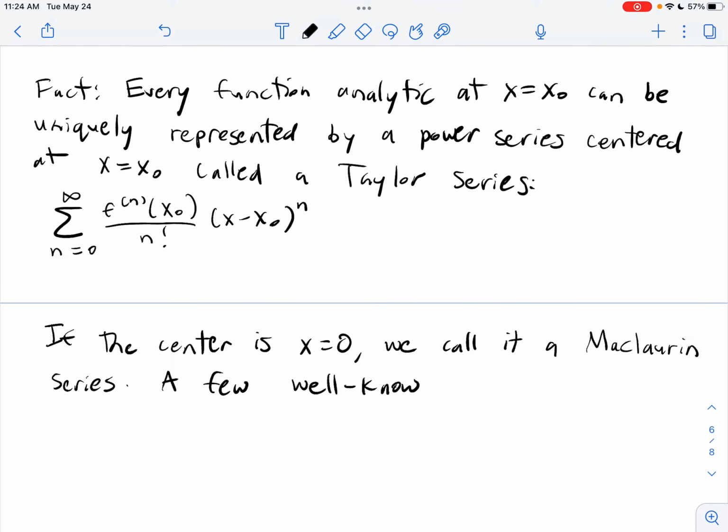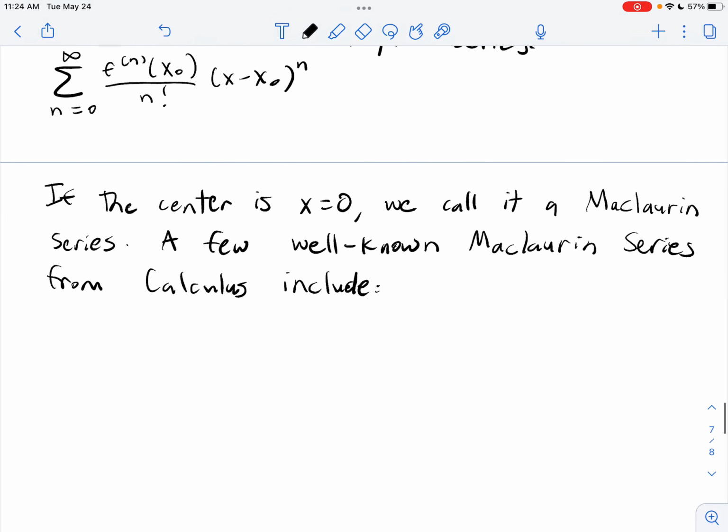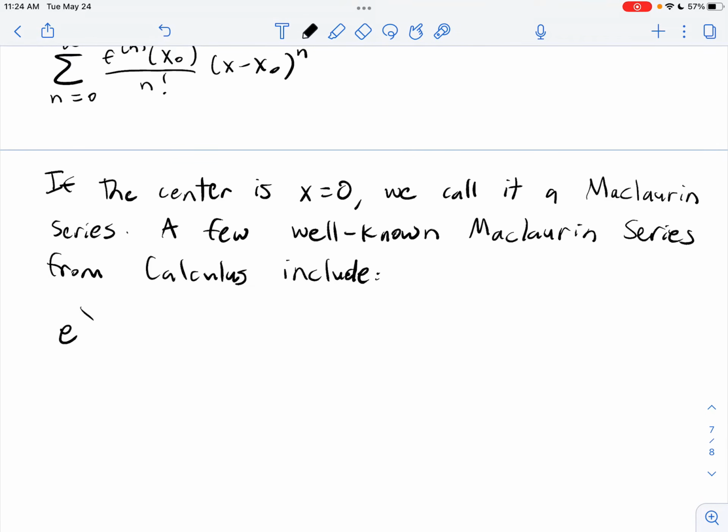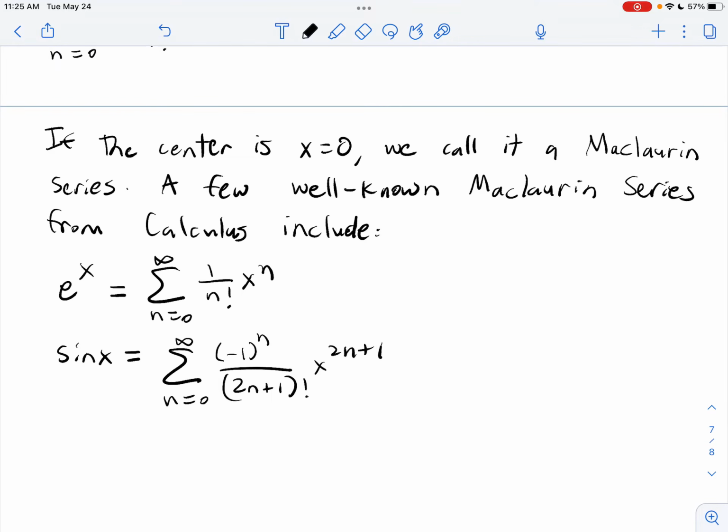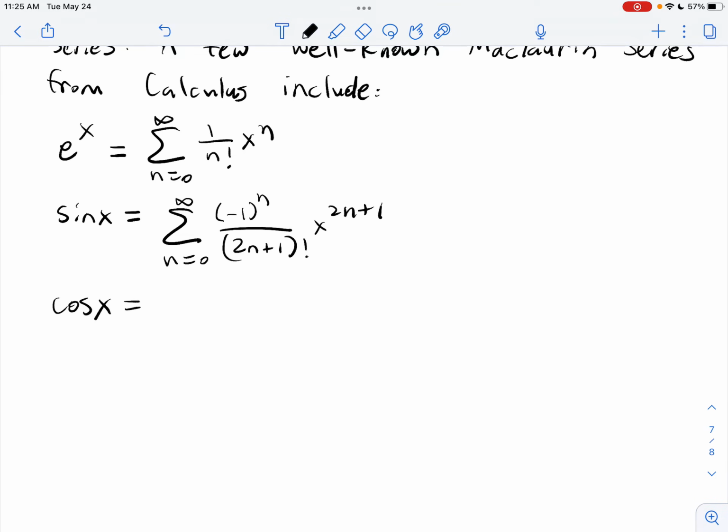A few well-known Maclaurin series from calculus include, so some famous ones are e to the x, which is 1 over n factorial x to the n; sine of x, which is negative 1 to the n over 2n plus 1 factorial x to the 2n plus 1; cosine of x, which is n equals 0 to infinity, negative 1 to the n over 2n factorial x to the 2n.